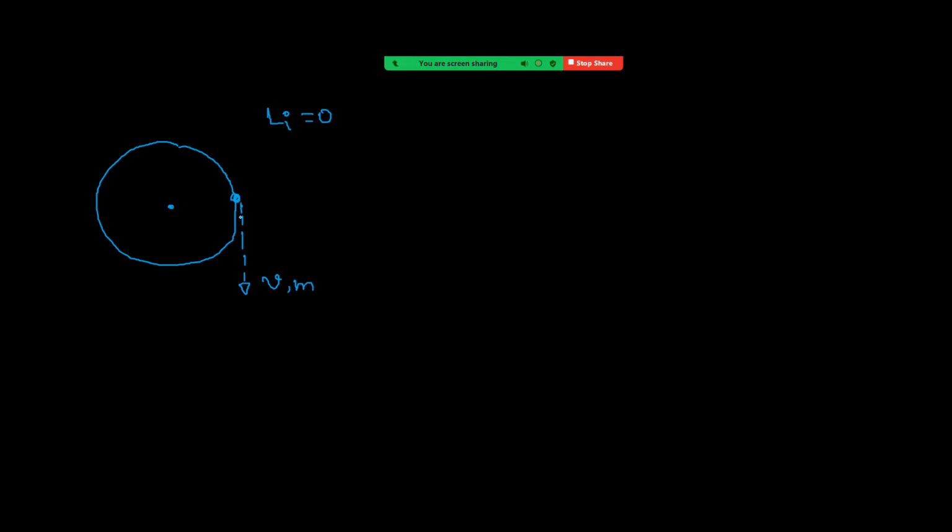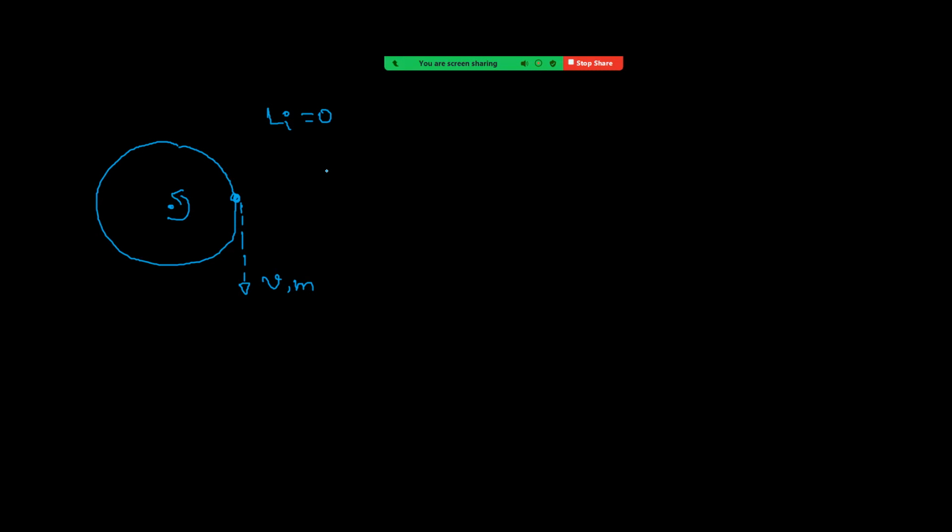When he throws the ball in this way, the platform will rotate anti-clockwise. So about this axis, because of the translation of the ball, the angular momentum will be clockwise, and for the disk and kid it is anti-clockwise, sum equal to 0.